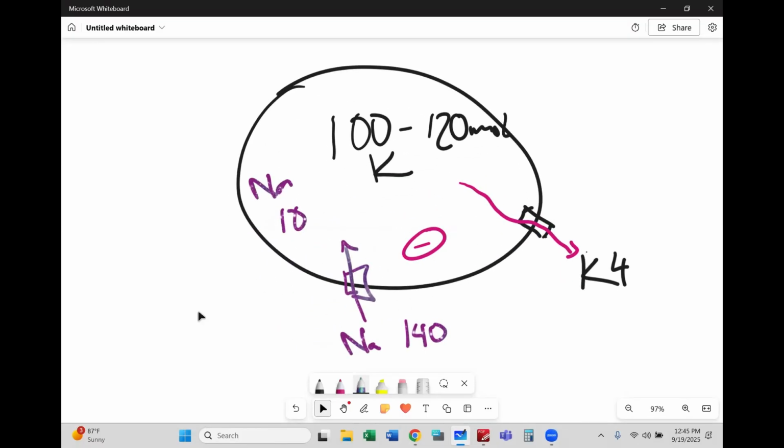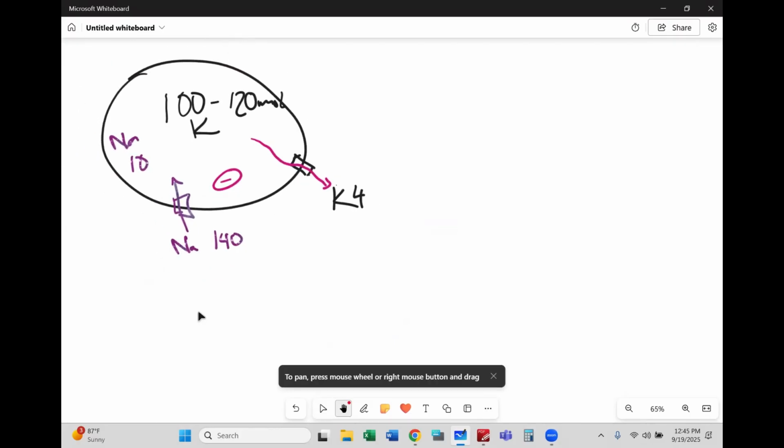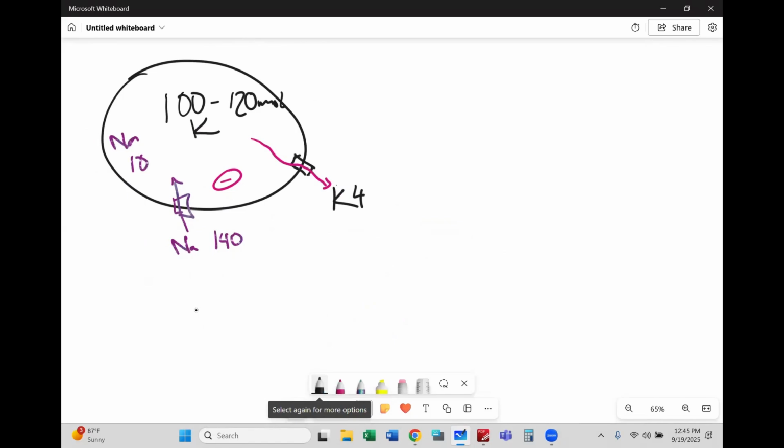So you have to start with what you observe, and then we can try and create a fairy tale on how to get there. So what do we observe with high K? One of the big things we see is broadening of the QRS, and then peaking of the T wave. Those are the things that we see: QRS broadening, and then the peaking of the T wave.